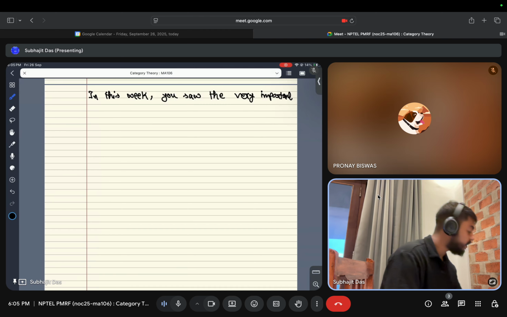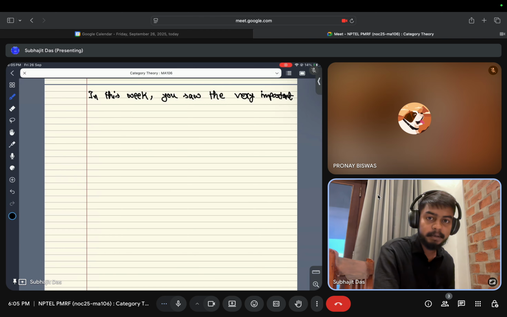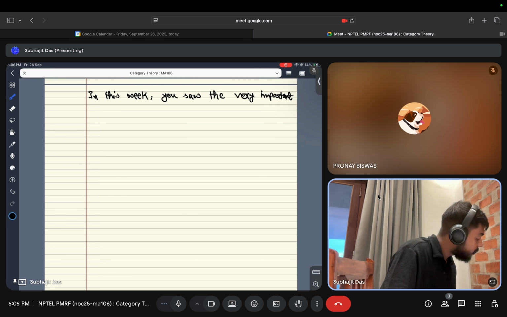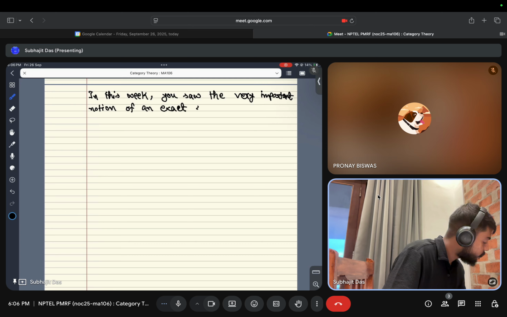One of the things which I'm sure people who have studied algebra have already seen, at least in the case of modules or maybe groups, is the notion of an exact sequence, which now makes sense in a more abstract context, more precisely in an abelian category. So you saw the very important notion of an exact sequence in an abelian category.